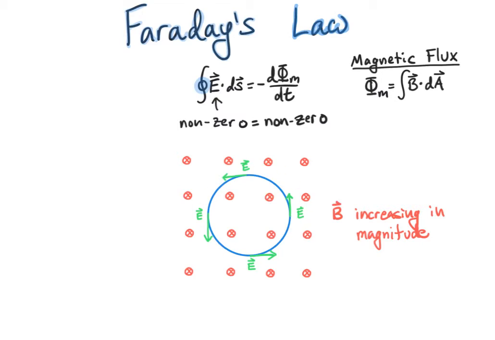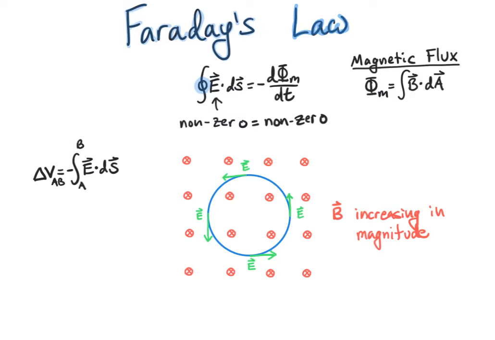This induced electric field, it is an electric field, but it is importantly different from the other electric fields that we've studied. For example, we learned that electric fields, being a conservative field, are associated with an electric potential, and we can define the potential difference between 2 points as the integral of the dot product of the field along some path.